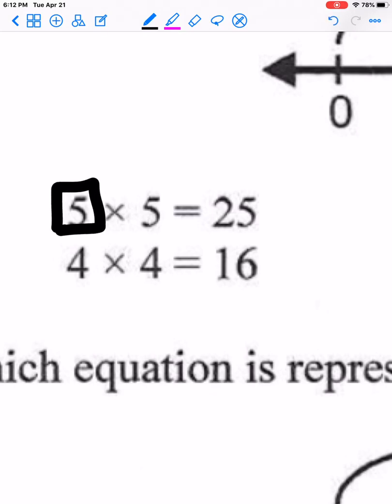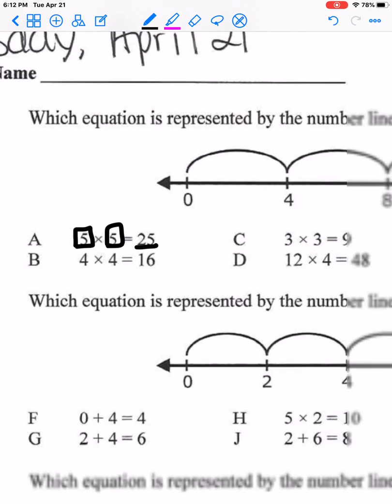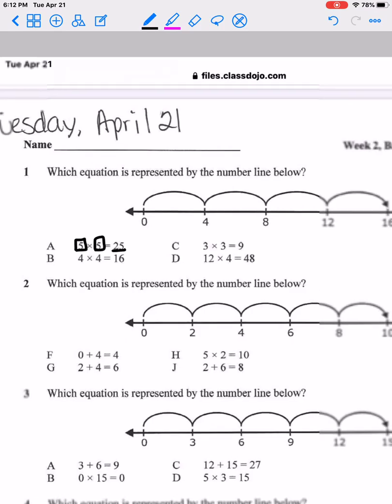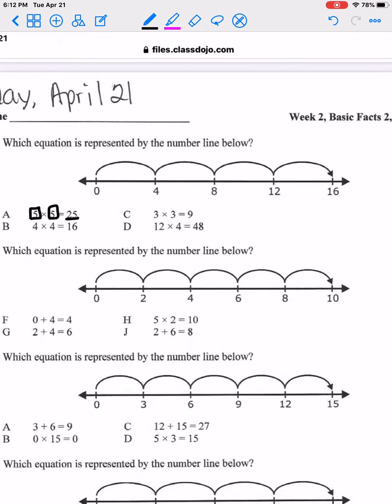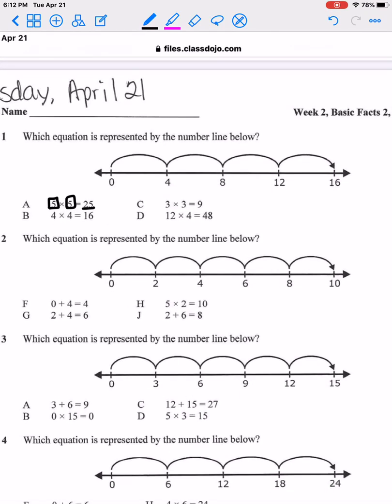A number times a number equals a product. Remember that? Okay, and that's what we have to figure out. Based on my number line, which equation or multiplication sentence is represented by the number line below.